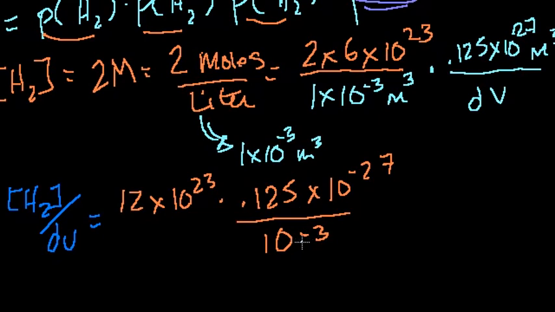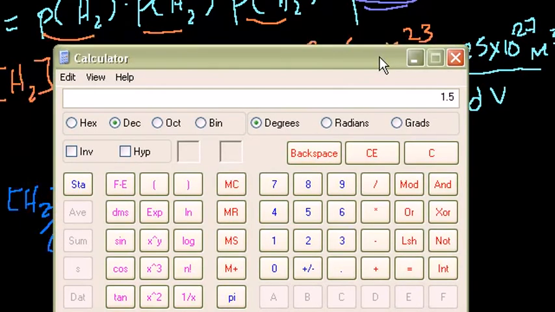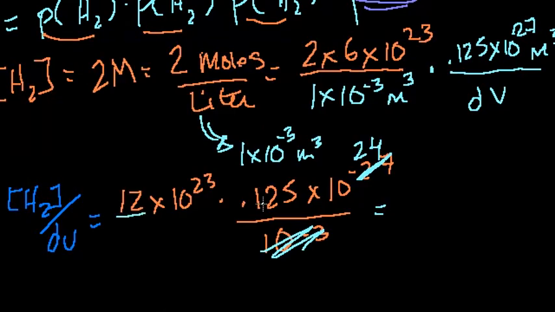If we get rid of the minus 3 here, you divide by minus 3, then this becomes minus 24. So the 12 times the 0.125 is equal to 1.5, times 10 to the 23rd times 10 to the minus 24th, which is 10 to the minus 1.